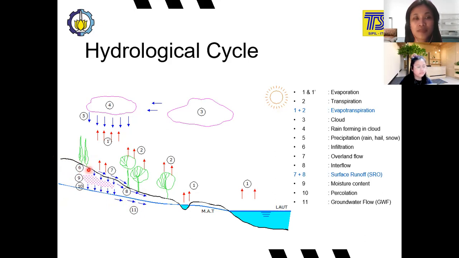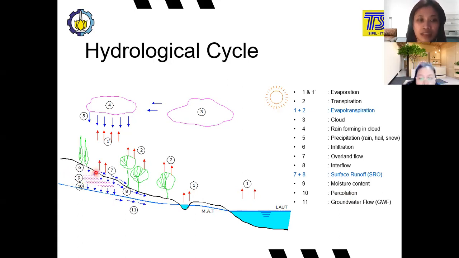And the water flowing is the same. It's using gravitational force. If it is raining from here, the water infiltrates the soil, which is number 6, infiltration. And after the water arrives inside the soil, it becomes the moisture content, number 9. Here is MC, the soil moisture, or the moisture content of the soil.